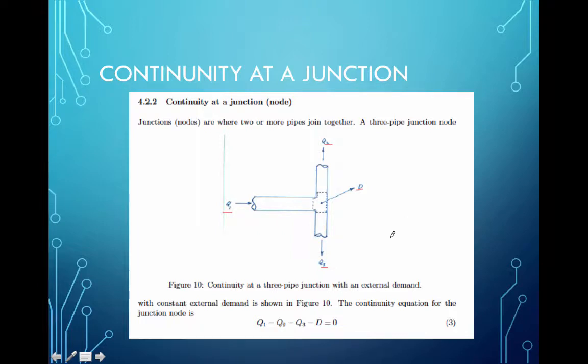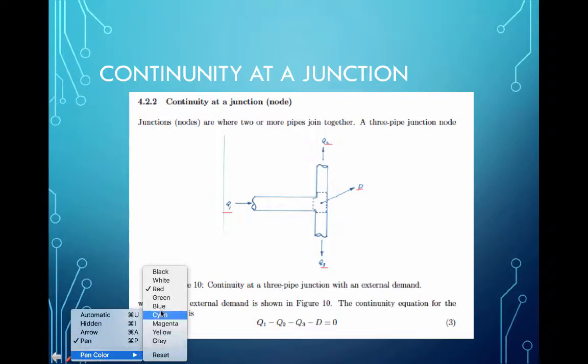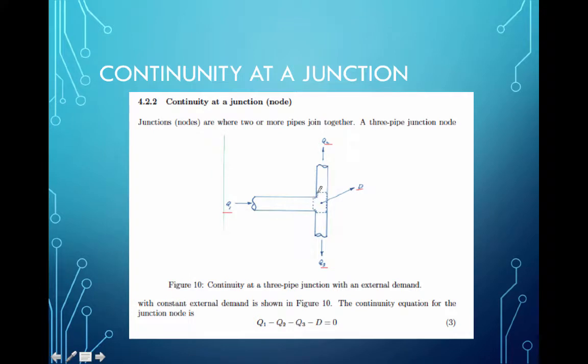Continuity for this node is shown here by equation 3. It says that the continuity at the node is the sum of the inflows minus the outflows equals 0.